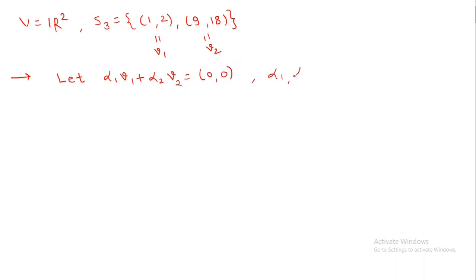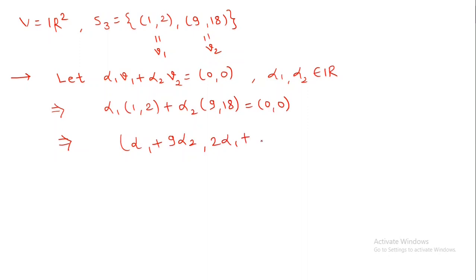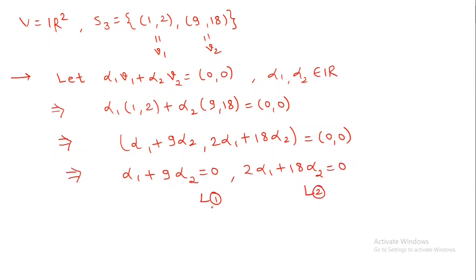So alpha 1, alpha 2 belong to R. Now if we try to solve this system, we will not be able to find the values of alpha 1 and alpha 2 directly, because if you multiply this equation by 2, then we get the same equation. In fact this is a homogeneous system, which has only one independent equation.